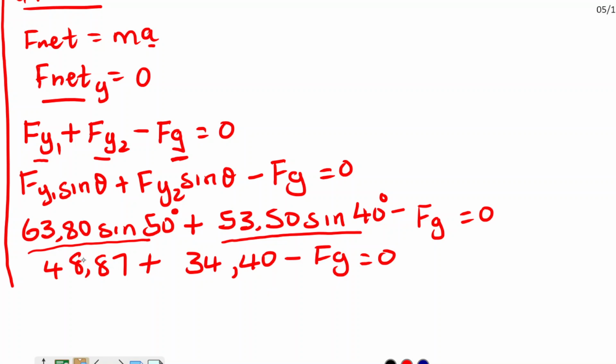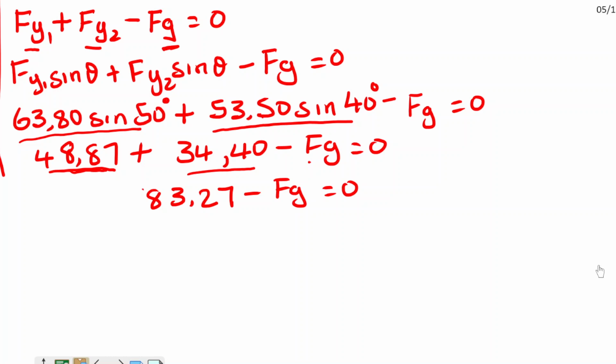To save time, if you punch this in the calculator, you're going to get 48.87. If you punch this, you're going to get 34.40, minus Fg equals 0. So we add these two magnitudes of Fy1 and Fy2 and we get 83.27.